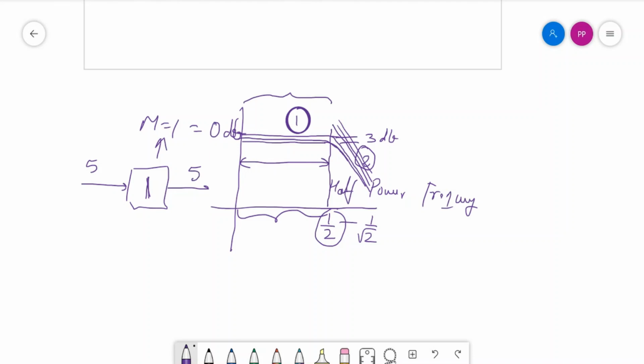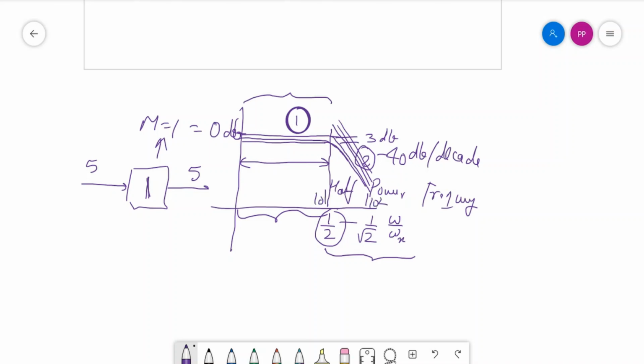Correct? Then if we go to a higher range of frequency, what will happen? Say I have a slope of minus 40 decibels per decade. After 1 decade of frequency, if this is a normalized frequency, then I have 10 power 1, 10 power 2.